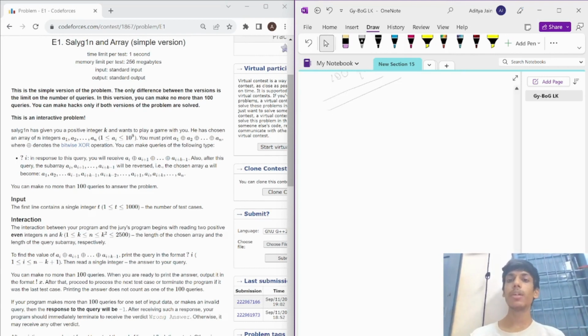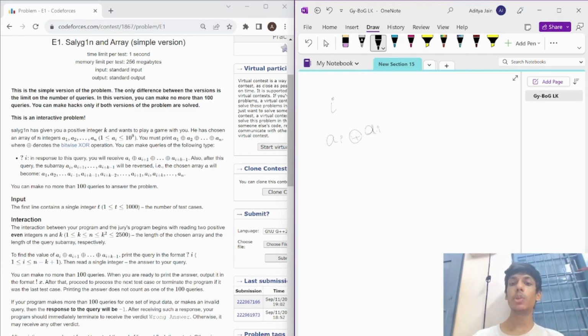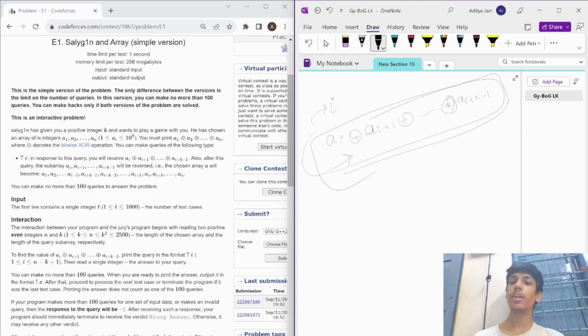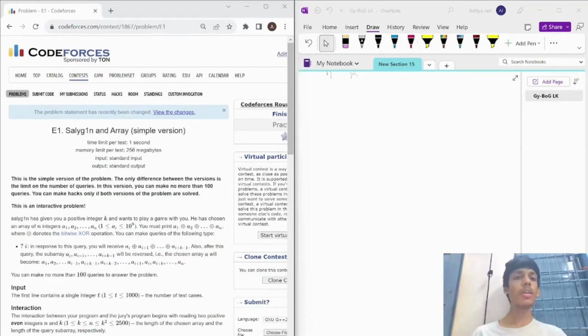In a particular query, you will enter the number i, and as a response you will get the XOR of k elements starting from it, like ai XOR ai+1 XOR ... XOR ai+k-1. So you give a number i, and in return you get the XOR of the k elements starting from i.